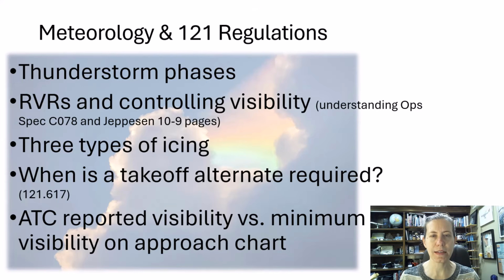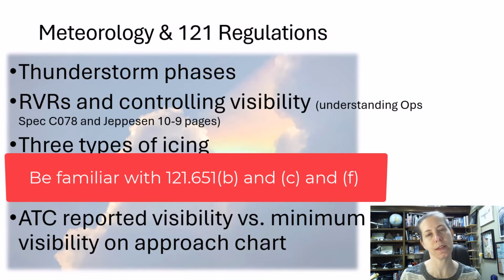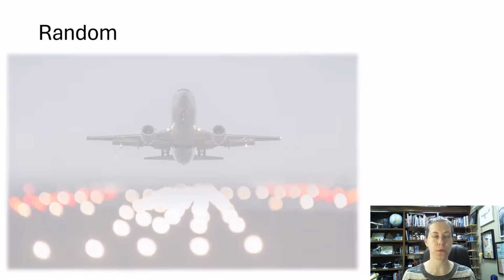ATC's reported visibility, again this is a 121 rule, and I'll probably need to make another video about this because this would be a good one, is sometimes controlling if you are before the final approach fix in a 121 operation. But after you pass the final approach fix, then it's up to the pilot to determine what the flight visibility is. So that's a good distinction to make. Make sure you're aware of that, and if you're not, familiarize yourself.